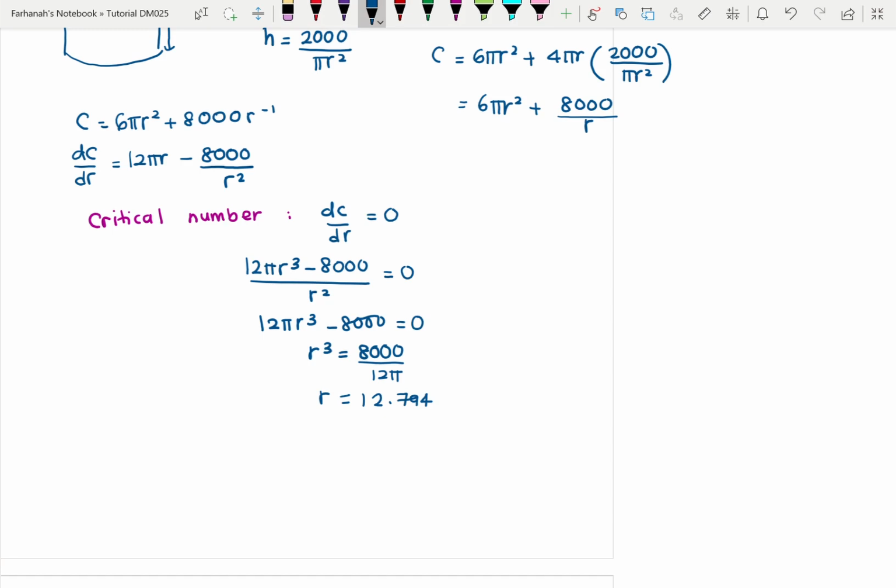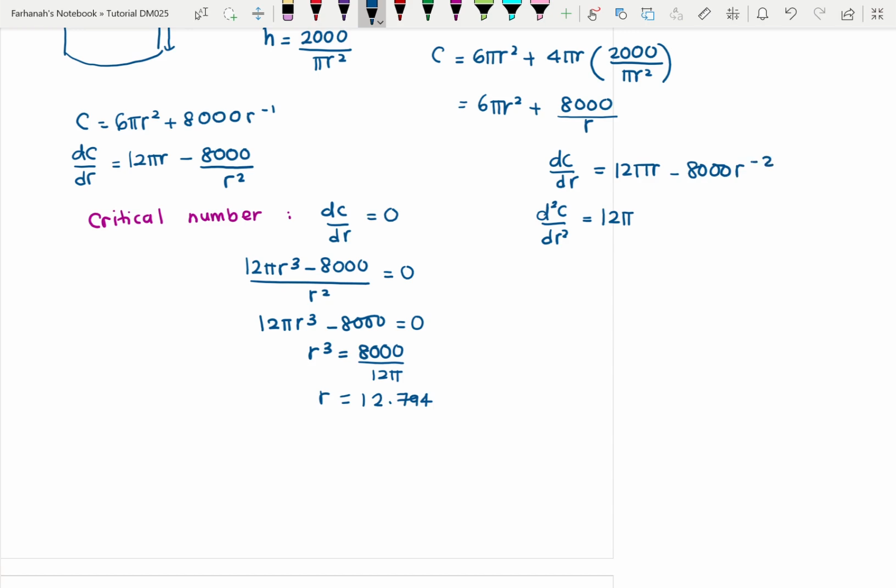Kita akan buat second derivative of dC over dr. So, d squared C over dr square. Okay, saya tulis balik kat sini supaya awak nampak kan: 12 pi r tolak 8,000 r negative 2.